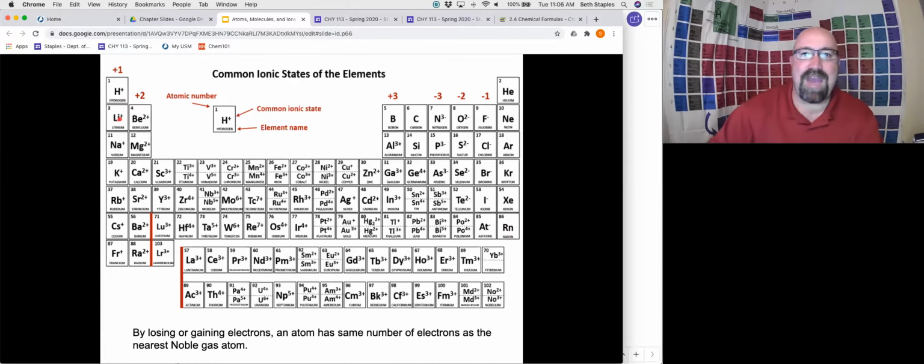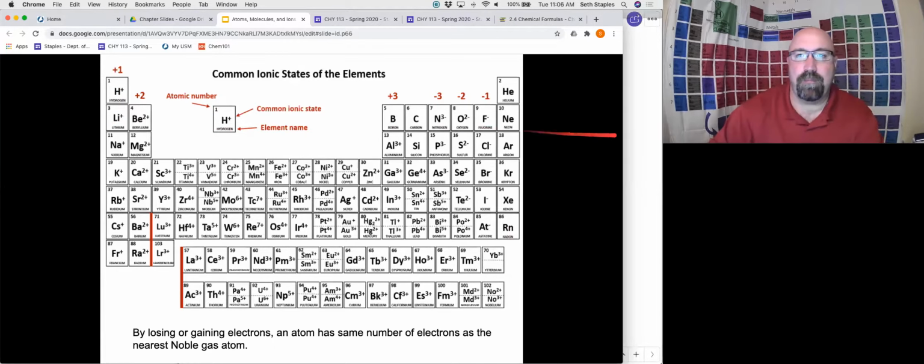A lithium atom is going to have 3 protons. Atomic number is 3. That means a lithium atom will also have 3 electrons.